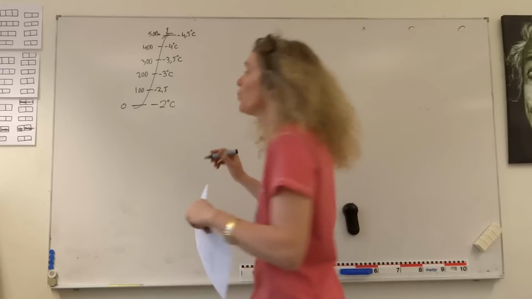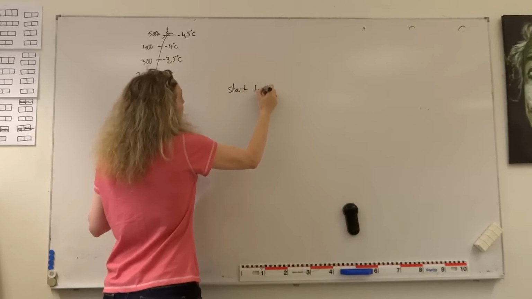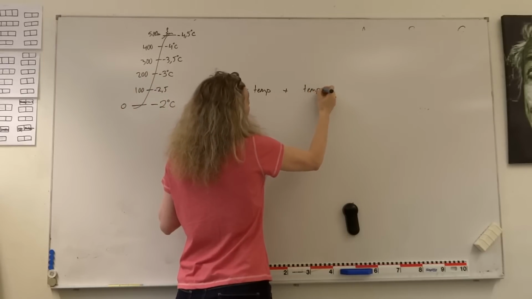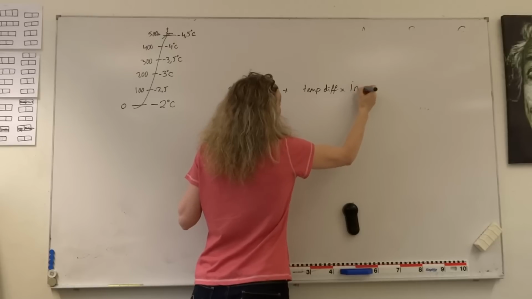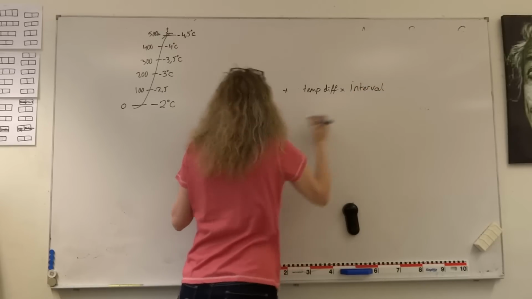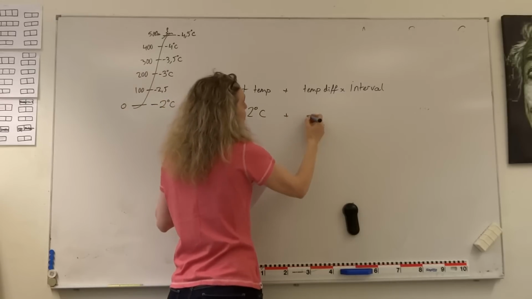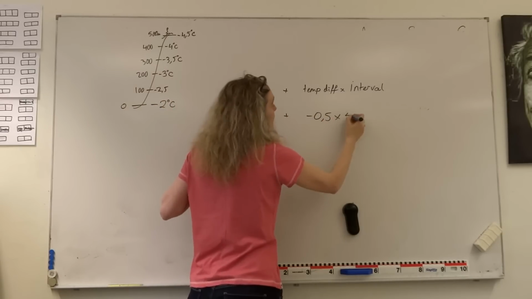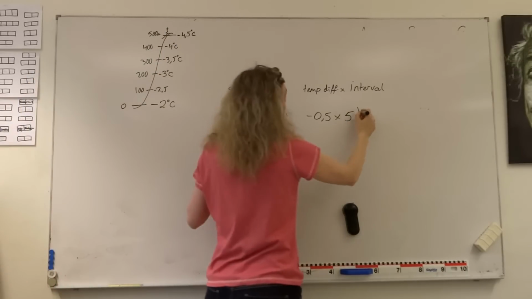A mathematical way of doing it quickly will be the start temperature plus the temperature difference times the interval. So we started at -2 degrees, and we have a temperature difference of -0.5 degrees times the interval. We have 5 different intervals going from 0 to 500.